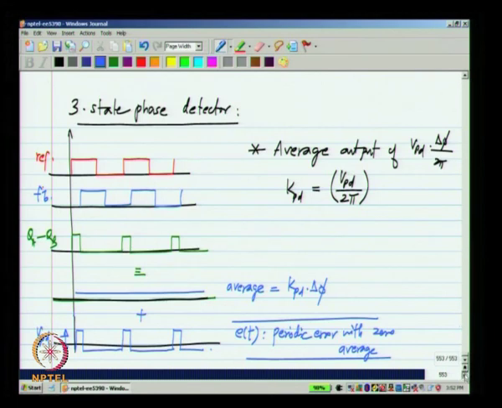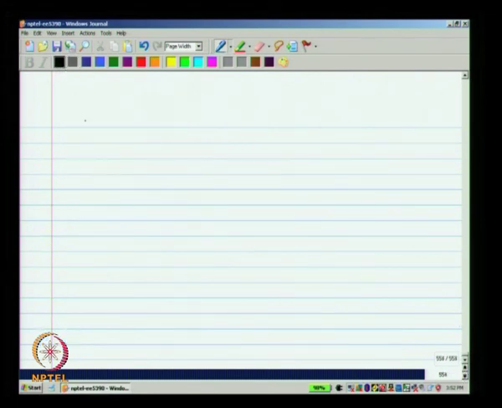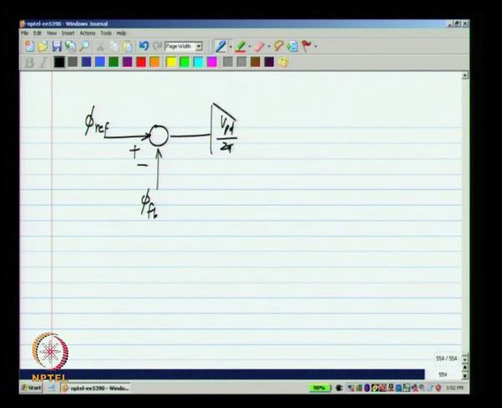So, the actual representation of our 3 state phase detector is, if you have let us say phi ref and phi FB, it has a gain of VPD by 2 pi.